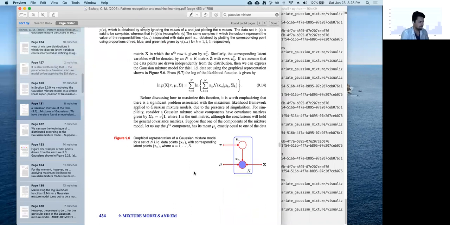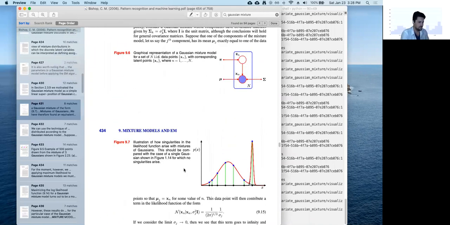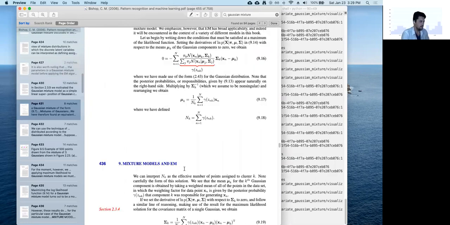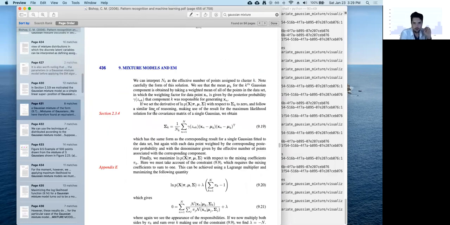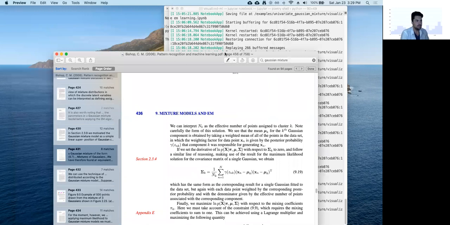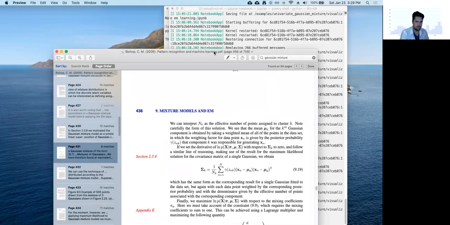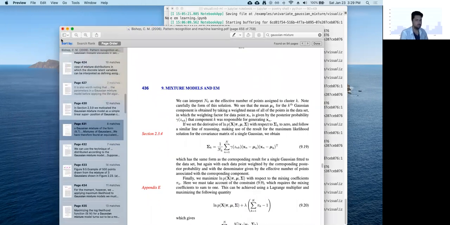This is going to be too much to go into right now, but if you want a more rigorous treatment of where some of this is coming from, this book, Pattern Recognition and Machine Learning, is fantastic, and it's also available for free, I think, online. So that's something to keep in mind.